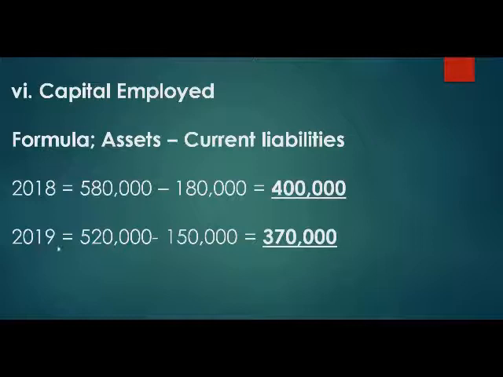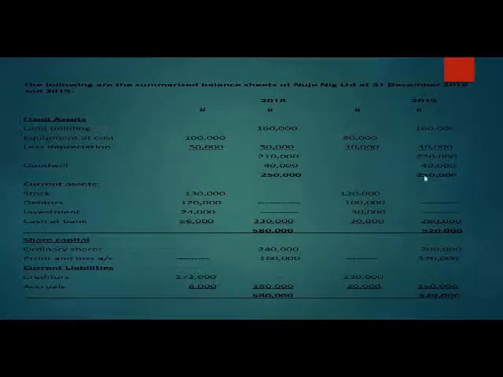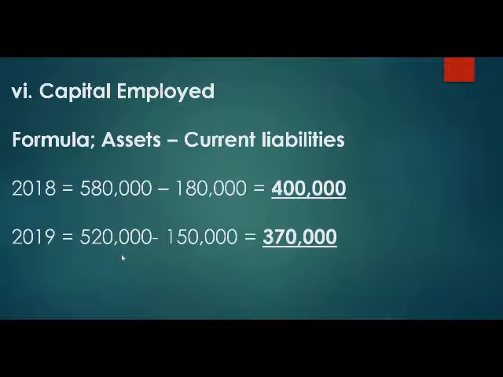The same will be applicable to 2019. The total fixed asset for 2019, you can see it here, is 520,000. Then the total current liabilities is 150,000. Then you substitute using the formula, asset of 520,000 minus current liabilities of 150,000.